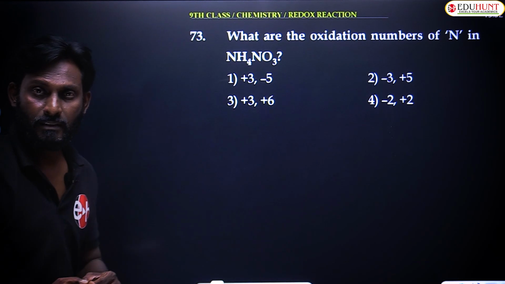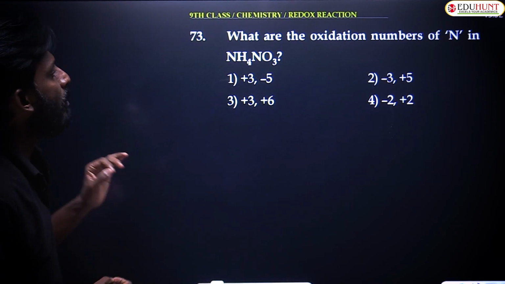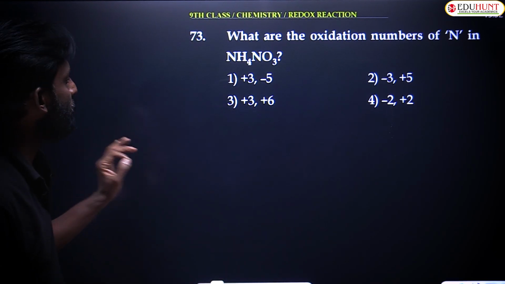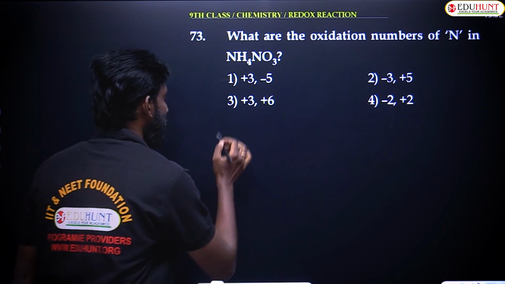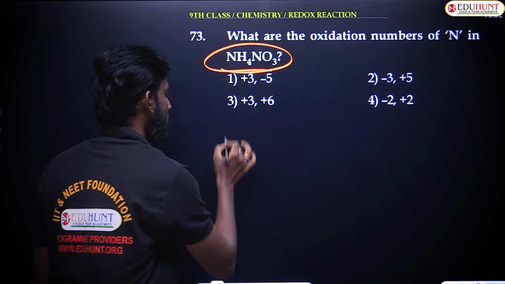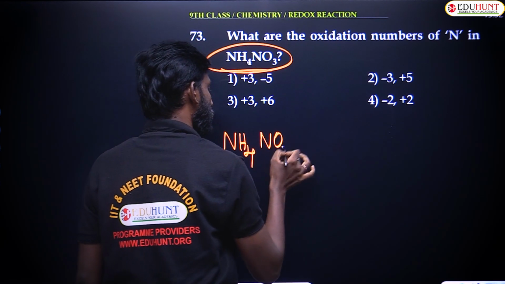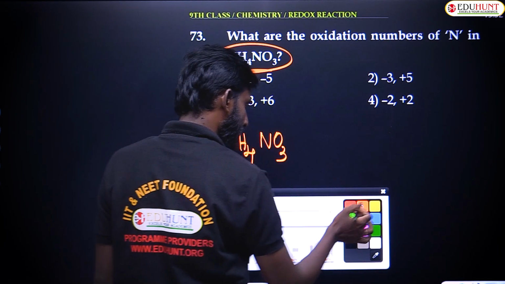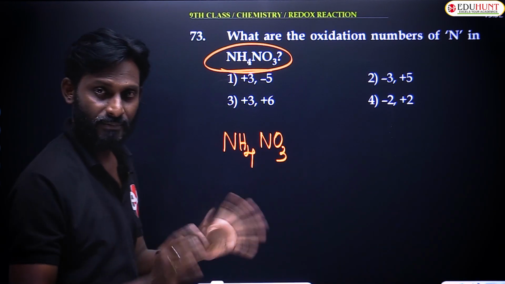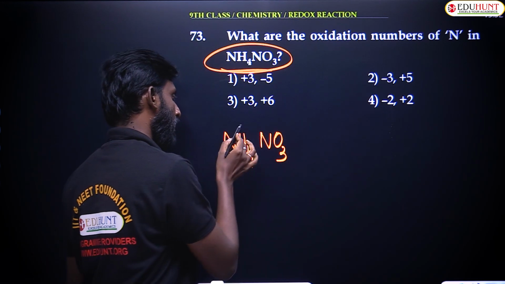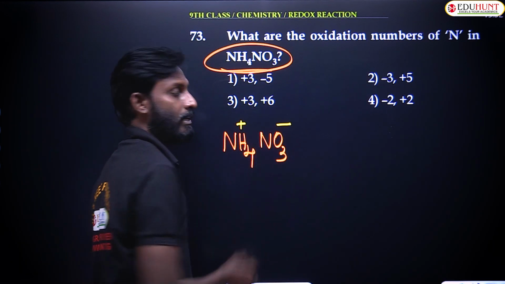Next, question number 73. What are the oxidation numbers of nitrogen in NH4 plus and NO3 minus? See, NH4NO3, ammonium nitrate. You can write them separately, and I have explained the oxidation number of nitrogen in ammonium ion and nitrate ion so many times.